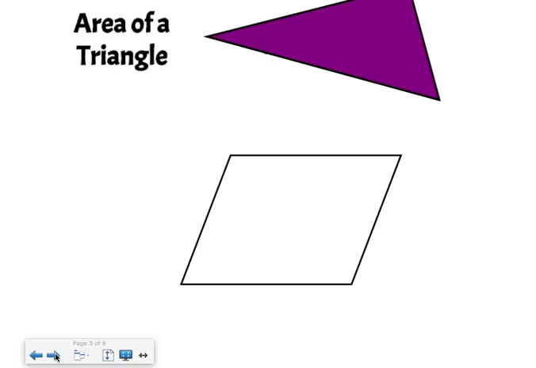Area of a triangle, let's just think about this real quick. I can draw in only one diagonal to form two triangles in this parallelogram. If I were to find the area of this parallelogram, it would just be base times height.